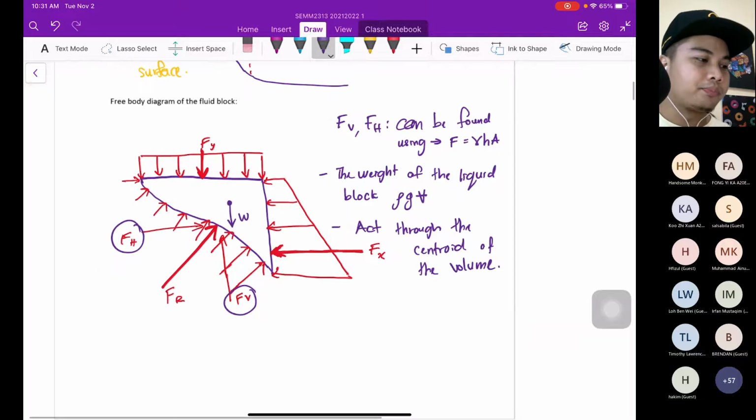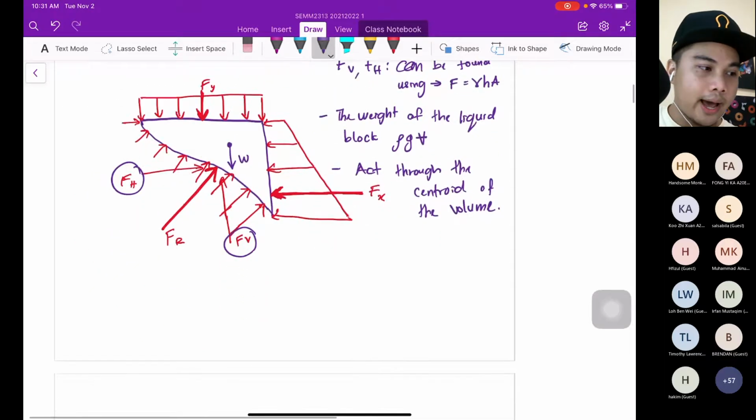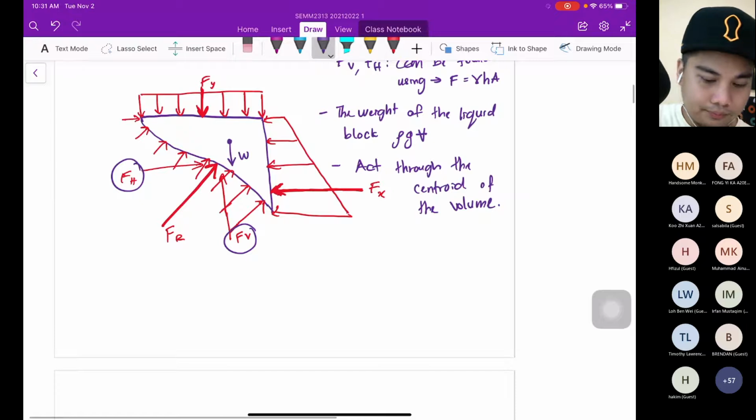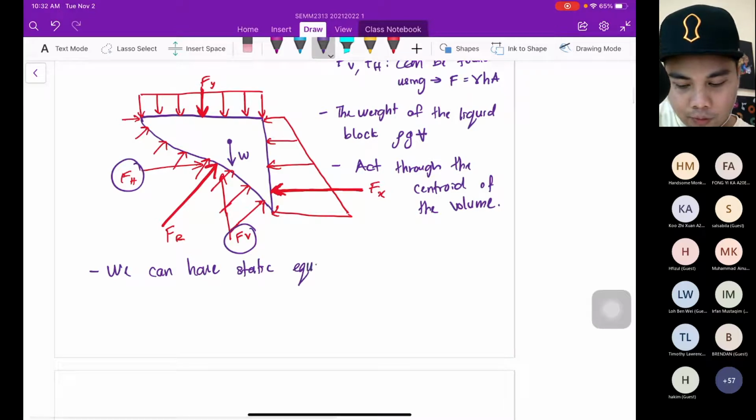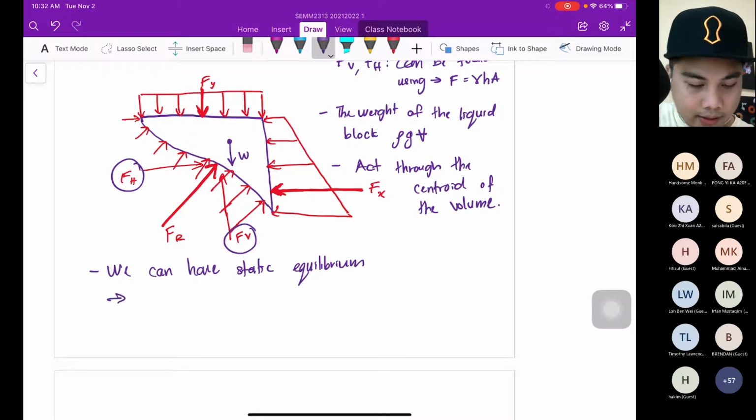Okay, perfect. So from here, we can have the static equilibrium. Summation of force in x direction, Fh is equal to Fx.